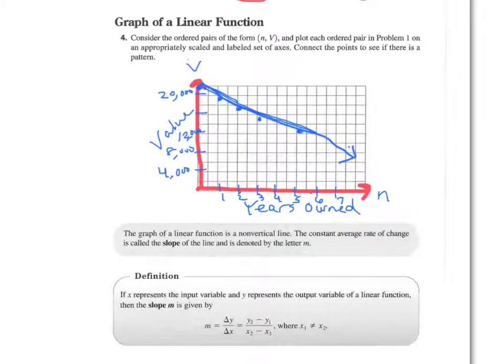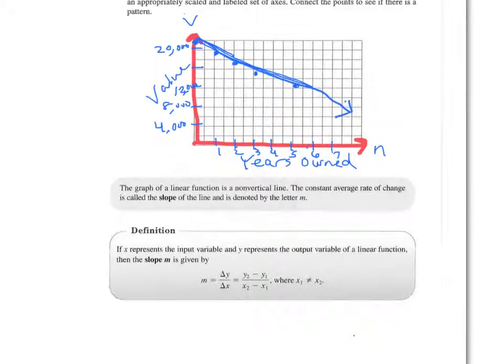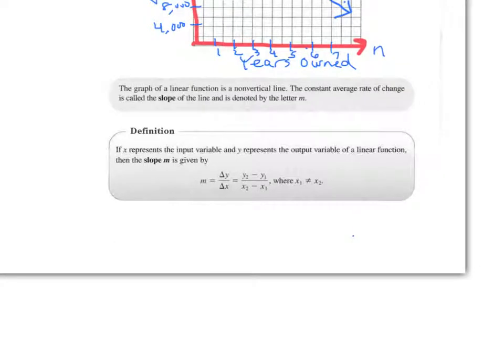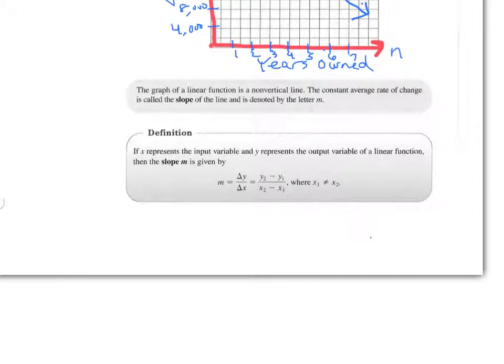Okay, so now we introduce this new term. I'm sure it's not new to you, but in this book is the first time they're calling this slope. It's actually better that you think of it as rate of change, because that's what slope is. We get slope stuck in our head as rise over run or changing y over changing x, but what it really is, is a rate of change.